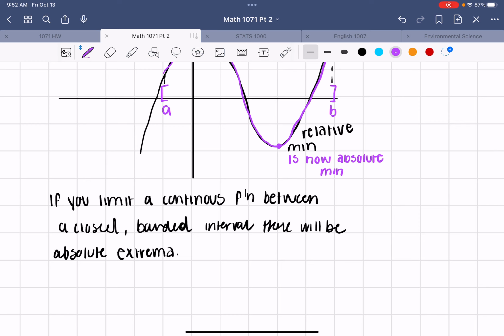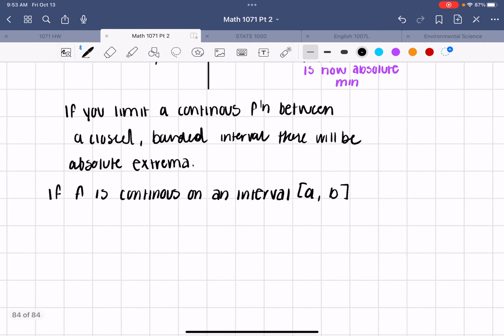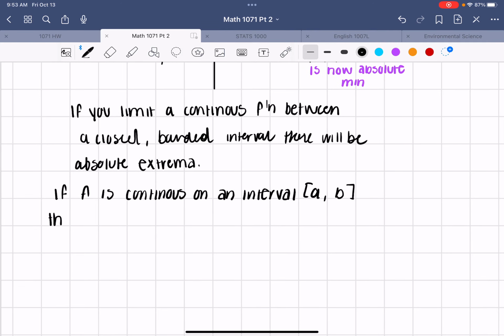If, let's call it F, is continuous on an interval A to B, then absolute extrema will be at, there are two places.